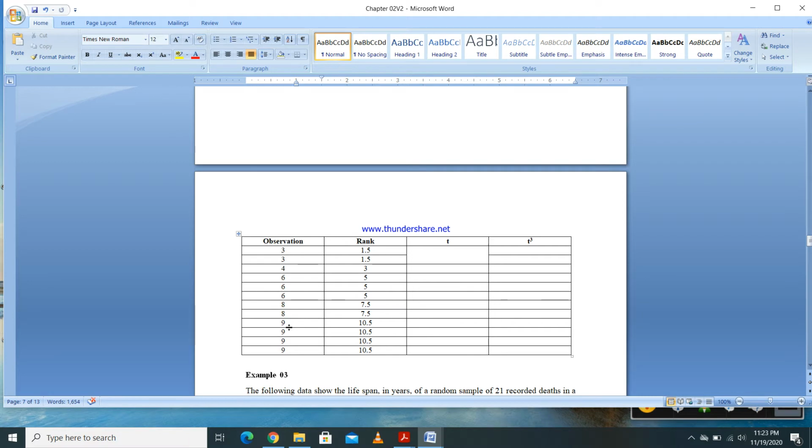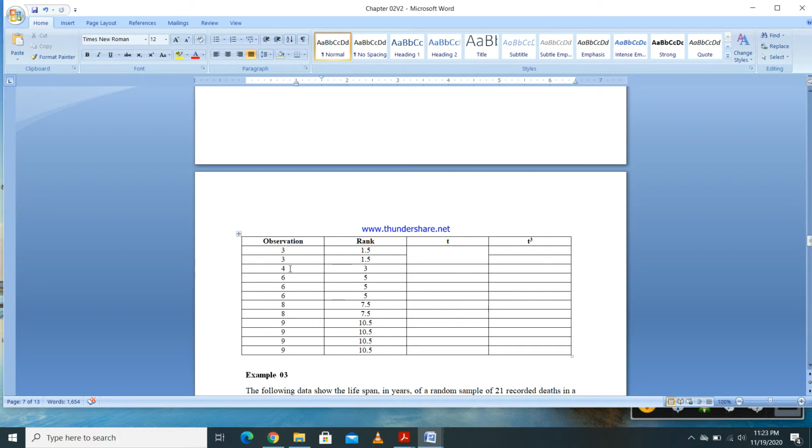The first thing when you are applying the Wilcoxon test is you have to do the ranking. When you are doing the rankings, the smallest number is 3. We can give 1 and 2 for the two 3s, but since it's the same number, we have to take the mean value of the ranking. So 1 plus 2 is 3, 3 divided by 2 is 1.5. That's how we get the rank 1.5 for these 3s.